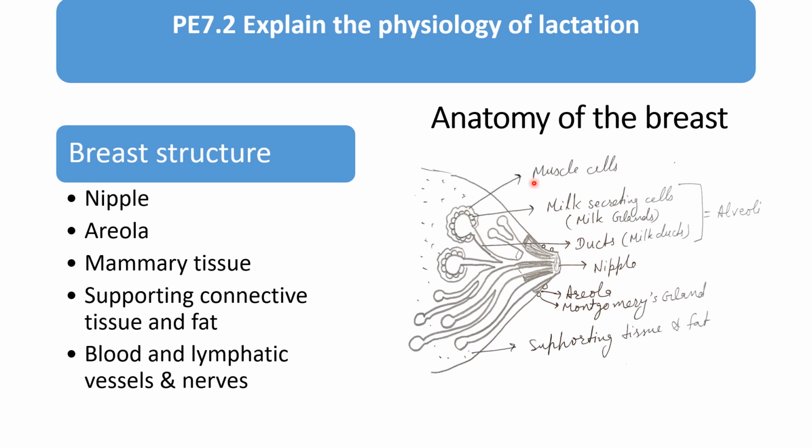These three parts, muscle cells, milk glands and ducts, combined make the mammary tissue, and there is supportive connective tissue and fat, and the blood vessels, lymphatic vessels and nerve supply, all making up the breast tissue.